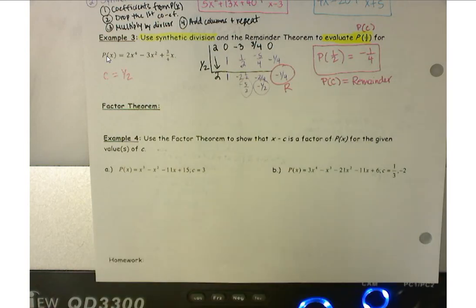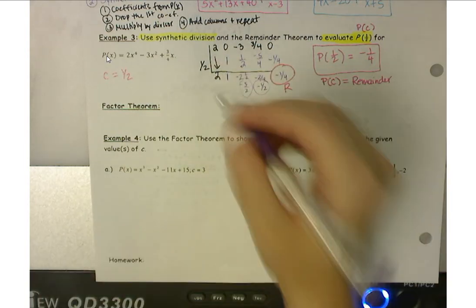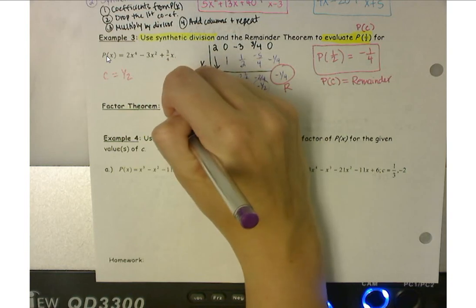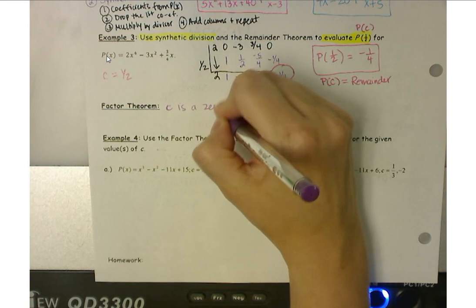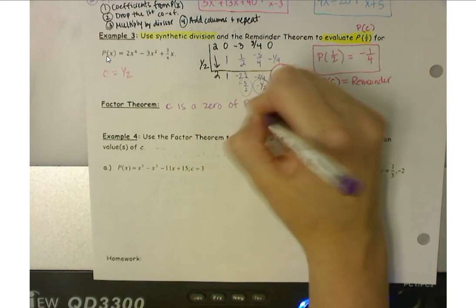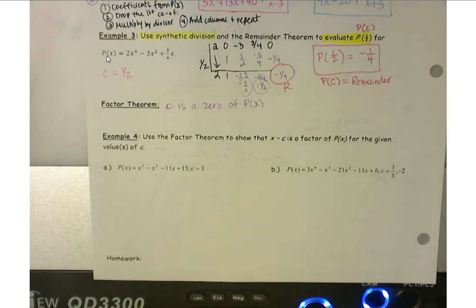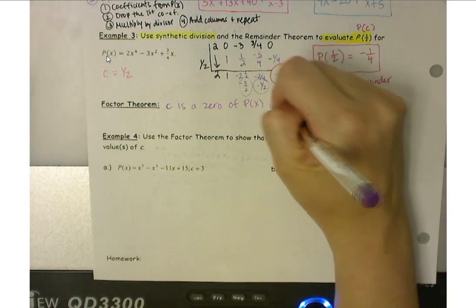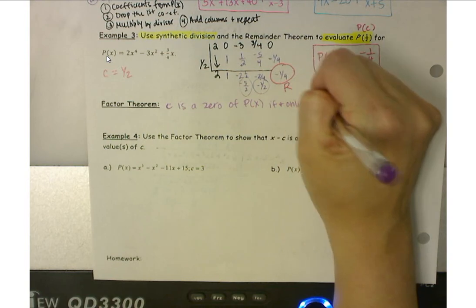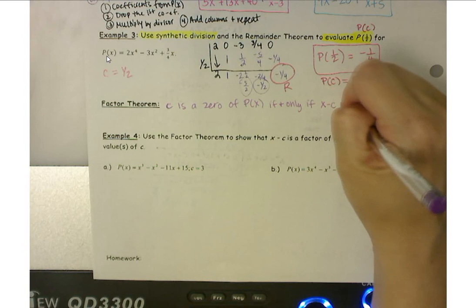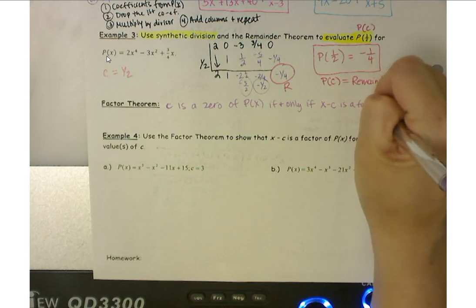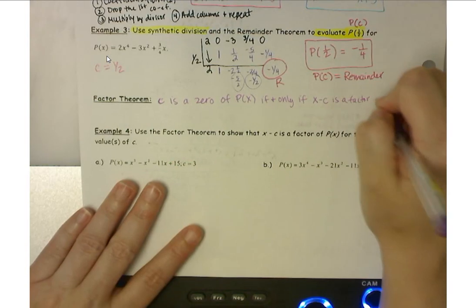All right, so your factor theorem says c is a zero of p of x if and only if x minus c is a factor of p of x.